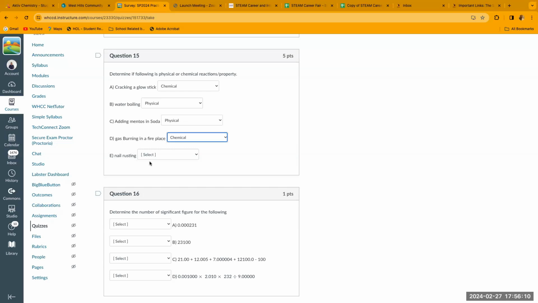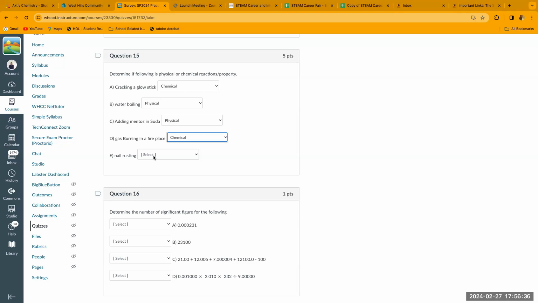A nail rusting. So if we think about it, a good way of thinking about whether it's a physical reaction or a chemical reaction is if you're able to get it back, right?